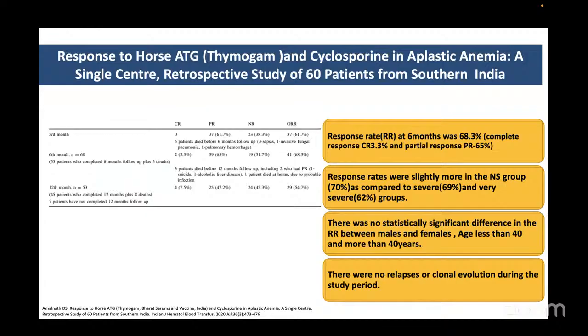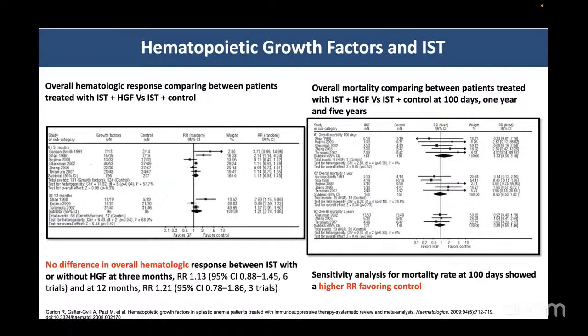Again, this is a retrospective study of 60 patients from southern India, where they had response rates to the tune of 68.3% at 6 months, and there were no relapses or clonal evolution in this particular study period.